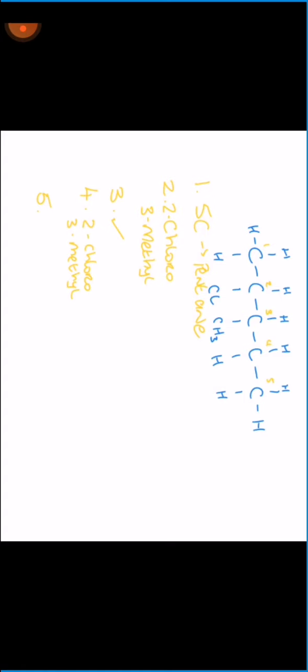So you need to decide whether it's 2 chloro or it's the 3 methyl that goes first. And it is going to be the chloro that goes first because it is C. The C comes before M in the alphabet. So it's 2 chloro, 3 methyl pentane. That is the name of that structure.